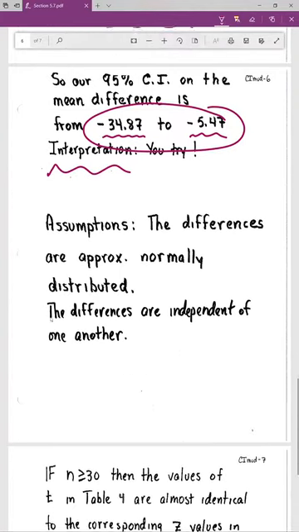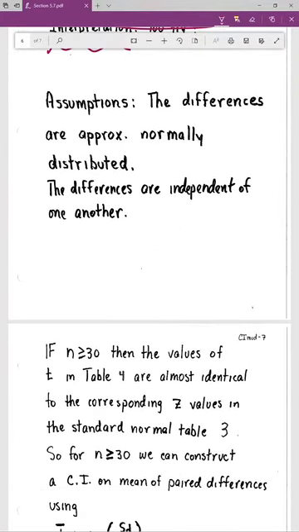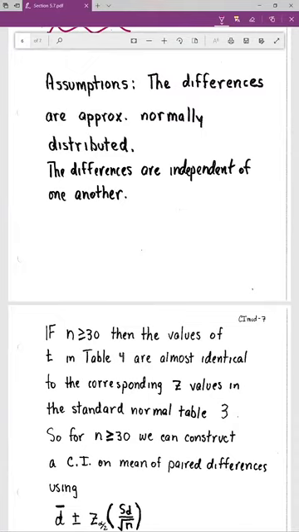Now, in order to use this formula and to do your confidence intervals for paired differences, we need to have the following assumptions: the differences are approximately normally distributed and the differences are independent of one another. And what I mean by independent of one another, obviously with paired data, our before and after aren't going to be independent of each other.